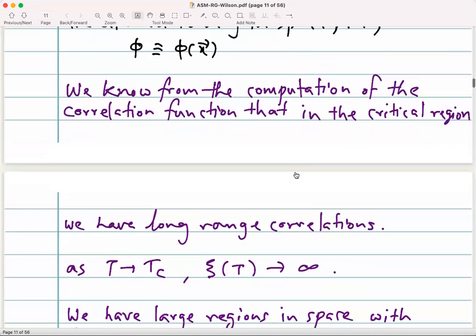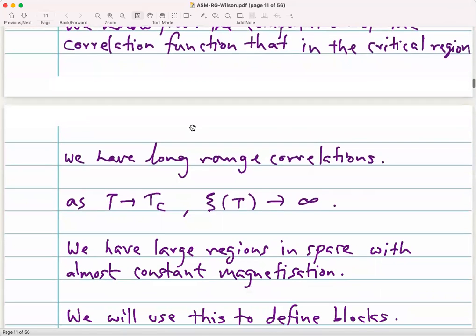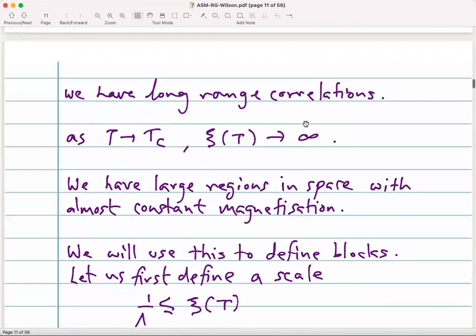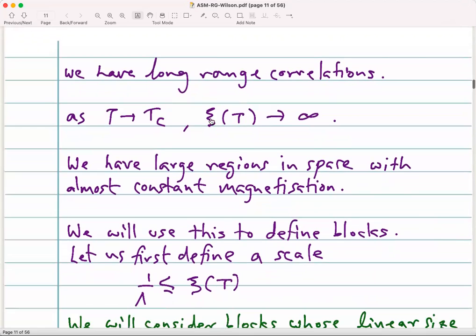Now, we of course know that the correlation functions would have a long range behavior in the neighborhood of the critical point, because of which we had initially assumed that the order parameter would not vary significantly over a large spatial region.